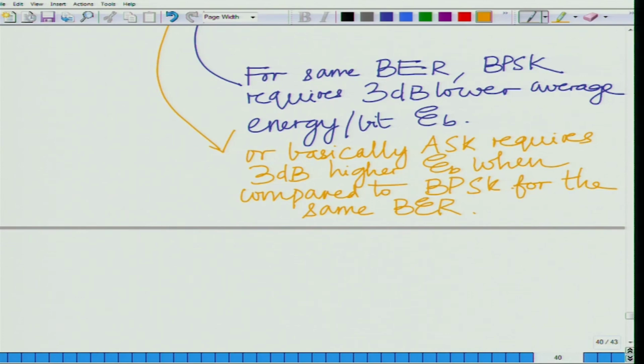So, what we have seen in this module is we have completed our discussion of amplitude shift keying. We have described amplitude shift keying, which is a different modulation scheme for a digital communication system, in which the different waveforms are distinguished by their amplitude levels.